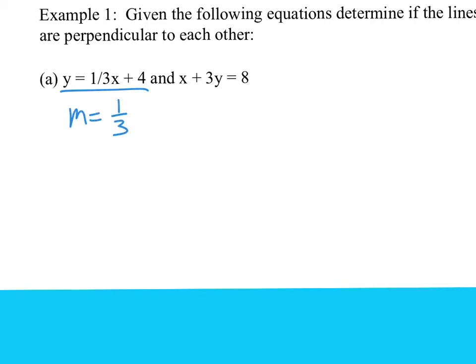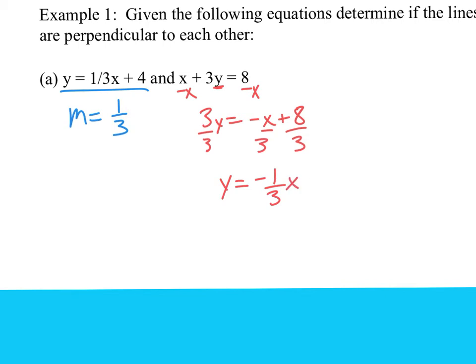No. What do I need to do? Subtract x, so I get 3y equals negative x plus 8. Now what? Divide by 3, so it's y equals negative 1/3 x plus 8/3.